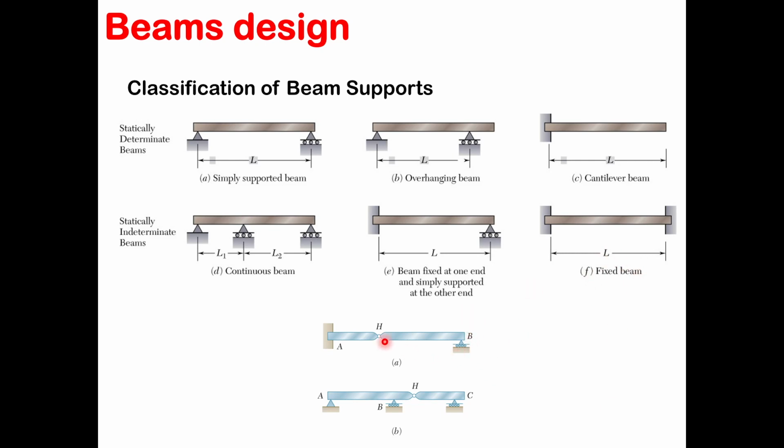We have other types of statically indeterminate beams using the joints, which we are not going to go over. I will just have them here as examples.